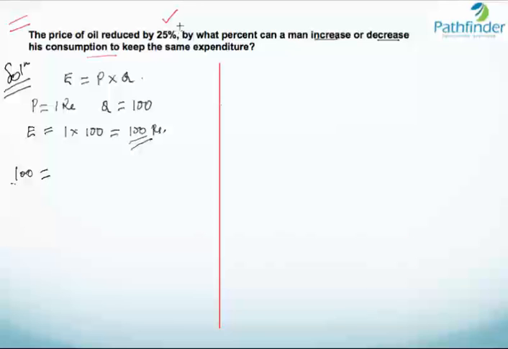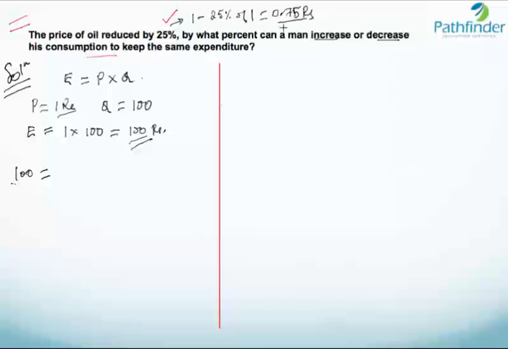And what is the new price? The new price of oil has reduced by 25%. So instead of 1 rupee, which we assumed, we will have to have the price as 1 minus 25% of 1, which is equal to 0.75 rupees.